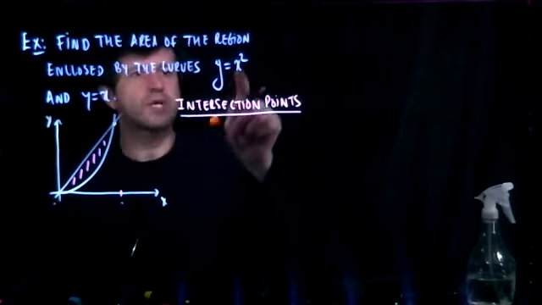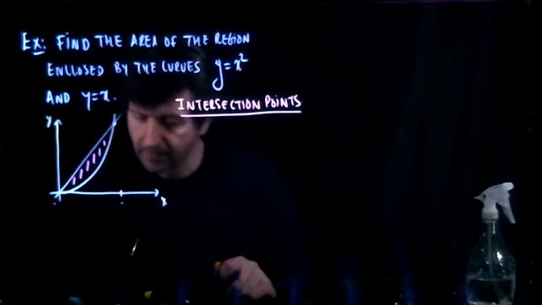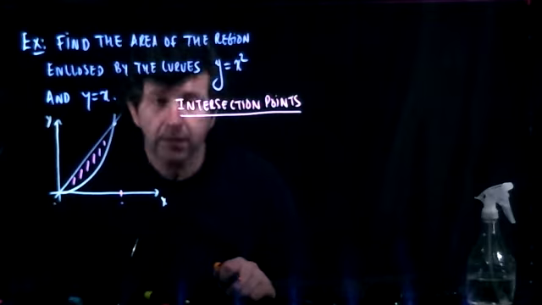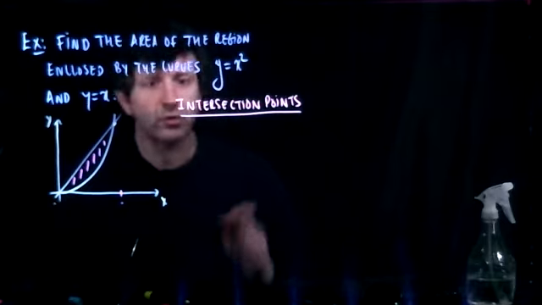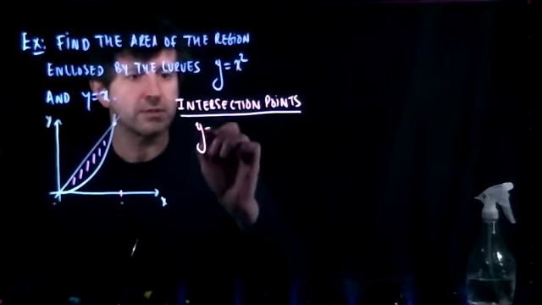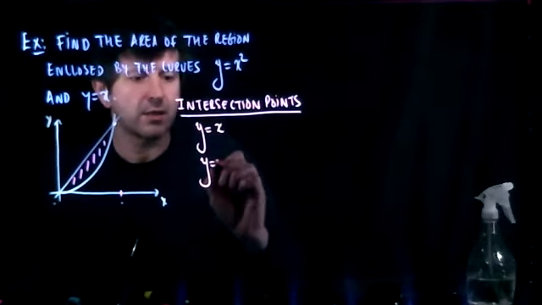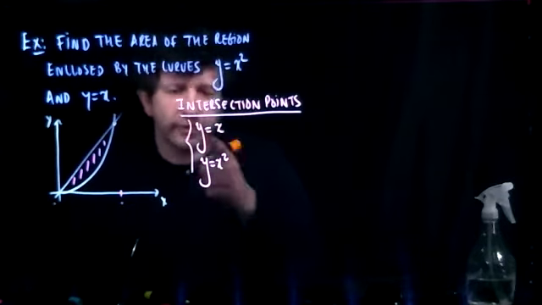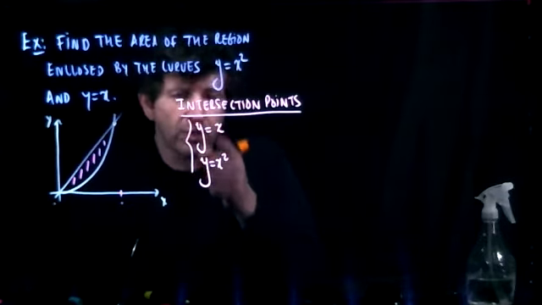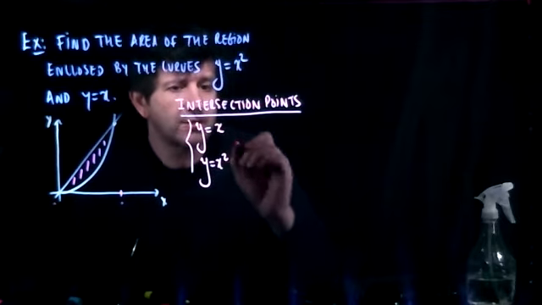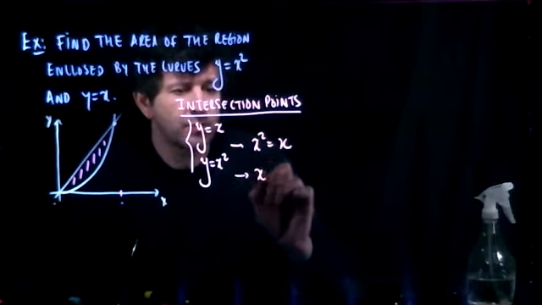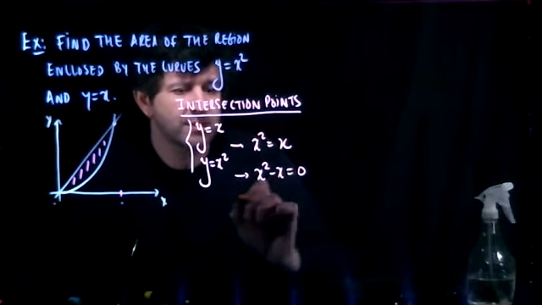How do we find the intersection point between these two curves? Make a system of equations. You solve a system of equations, very good. So the system is y equals x and y equals x squared. You could use whichever method you want. In this case, it's set up in a way that a comparison would be great. So x squared is equal to x, which means that x squared minus x is 0.